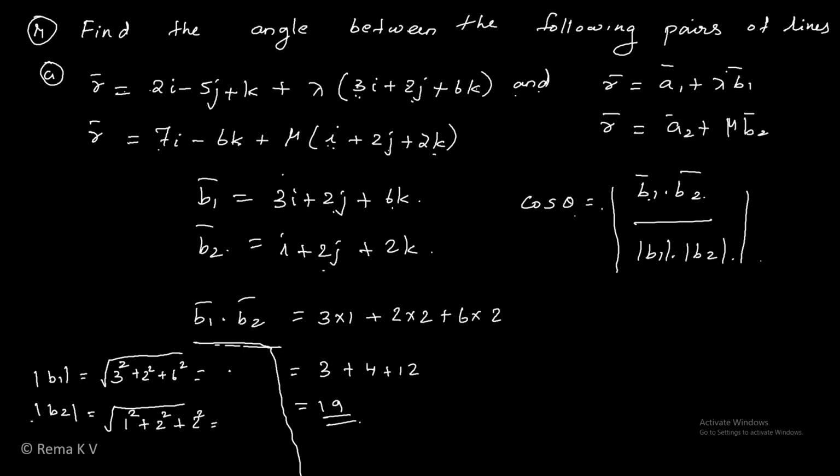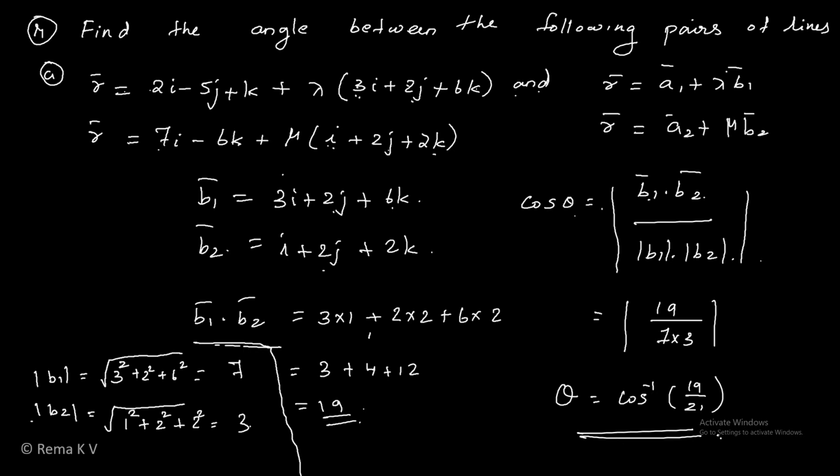It is 7 and 3. So we can apply these values here. This is equal to b1 dot b2, 19, divided by 7 into 3, which is equal to 19 by 21, or theta is equal to cos inverse 19 by 21. This is the angle between the two lines.